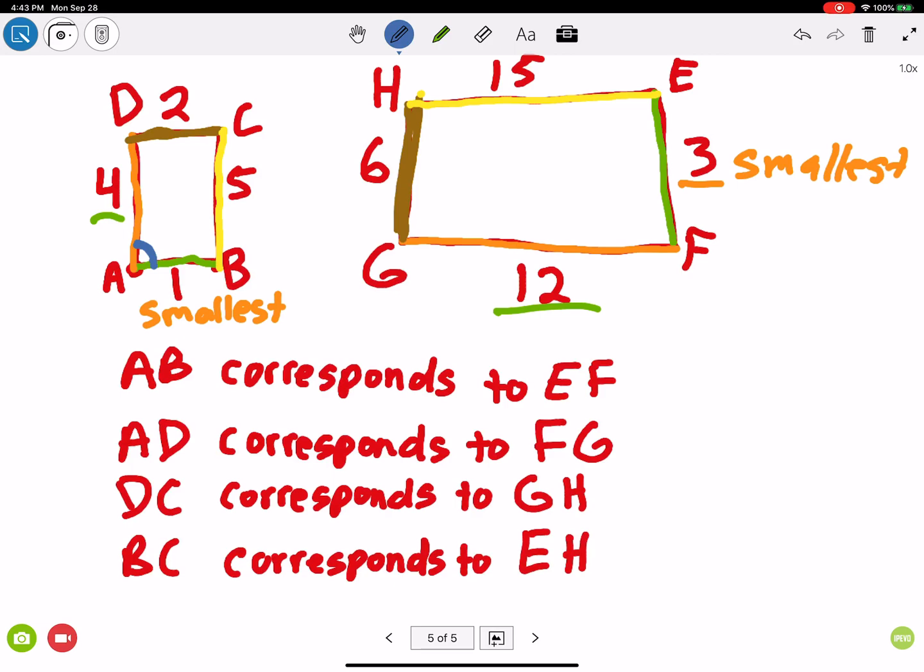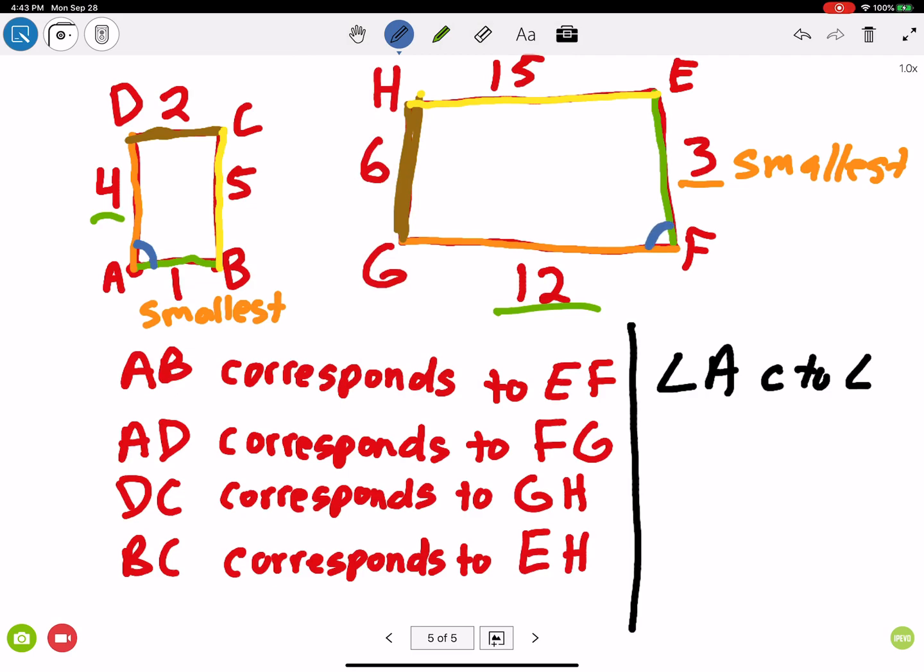Well, luckily I also color coordinated my corresponding sides. So I'm looking for the green and the orange, which means angle A, and that symbol I put before the A means angle, corresponds to, which angle?